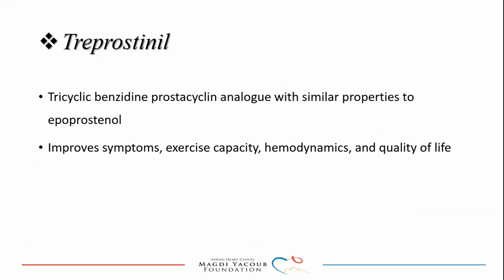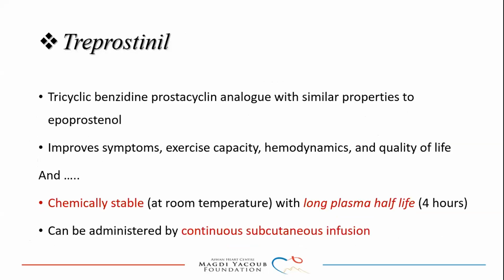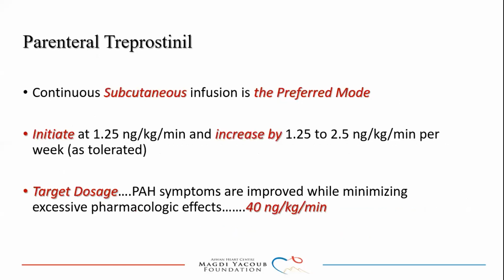Treprostinil is a prostacyclin analog with similar properties to epoprostenol, with the privilege of being chemically stable with a longer half-life, and it can be administered by continuous subcutaneous infusion. Continuous subcutaneous infusion is the preferred mode.